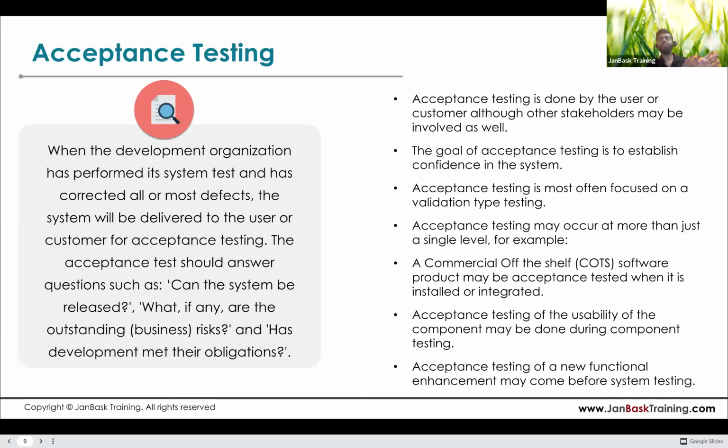First it will be given to the customer, and they will check whether that new functional enhancement is working fine or not. If it is working fine, then system testing will be done again.